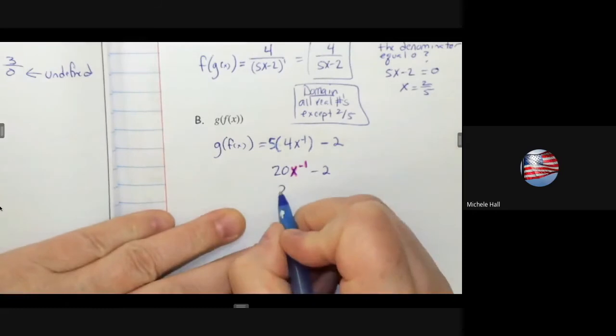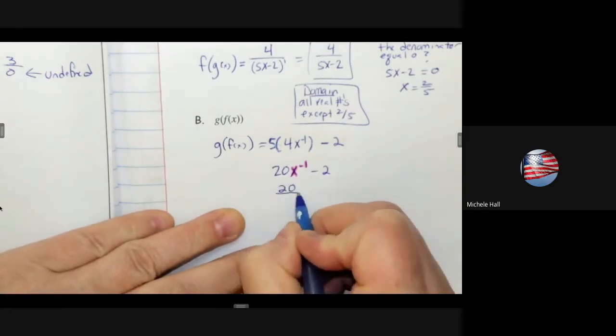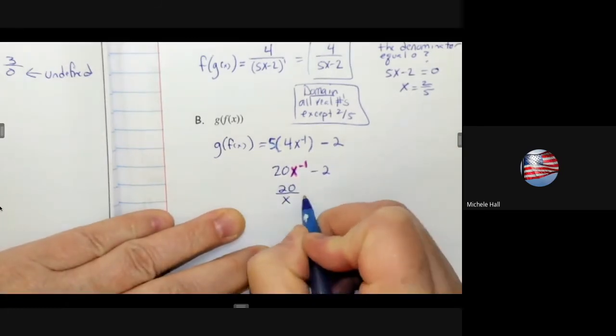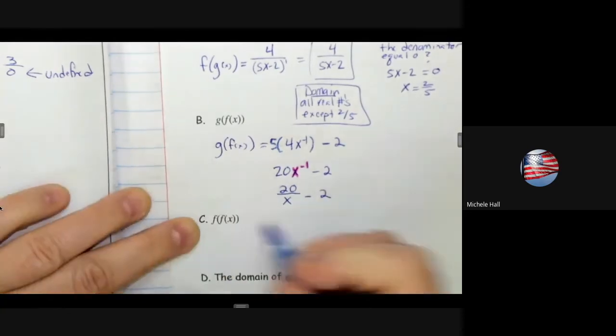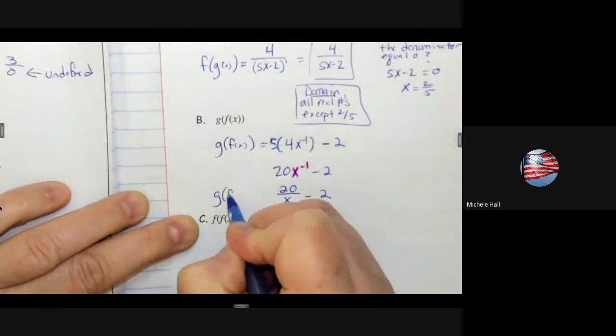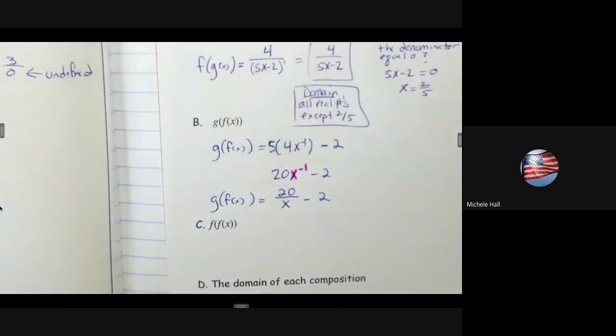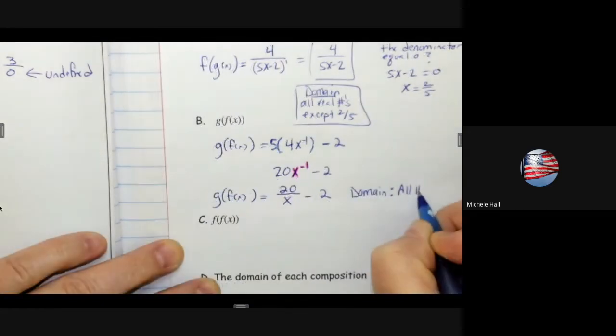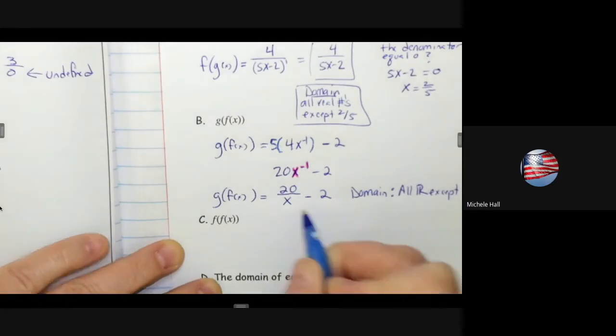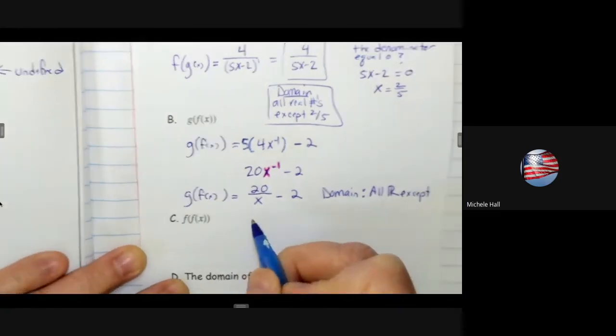That's going to be 20 divided by x to the 1 minus 2. g of f of x. Do I have a problem area of imaginary numbers or an undefined function? All real numbers except what would make the denominator 0? 0.